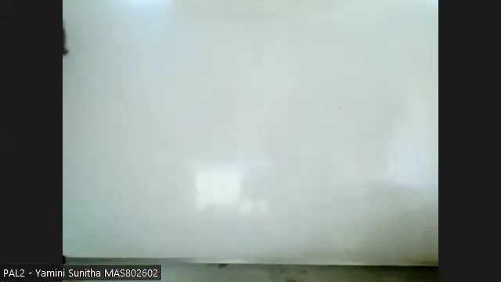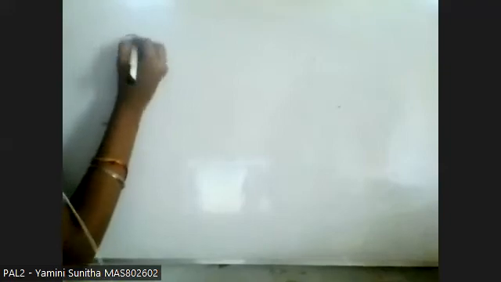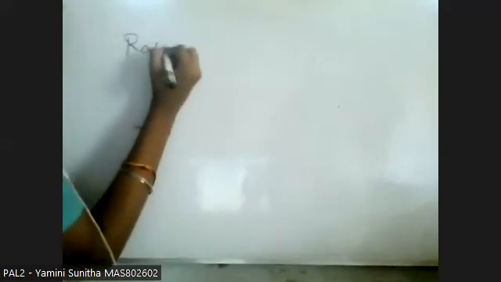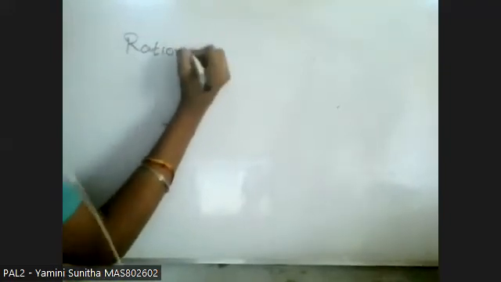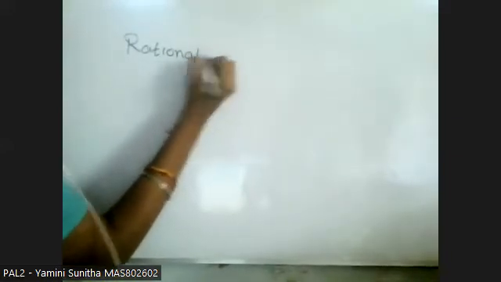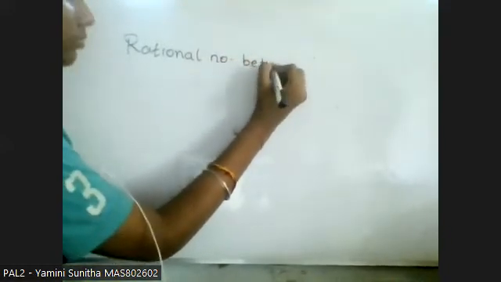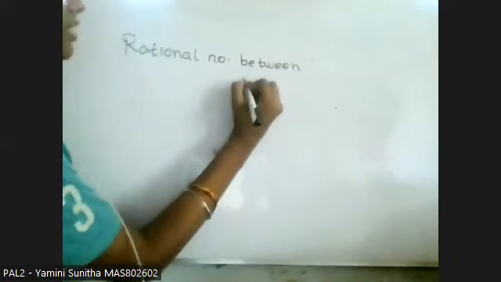With the help of this, we can perform addition, subtraction, multiplication, and division. The next topic is how to find rational numbers between two integers or between two rational numbers.